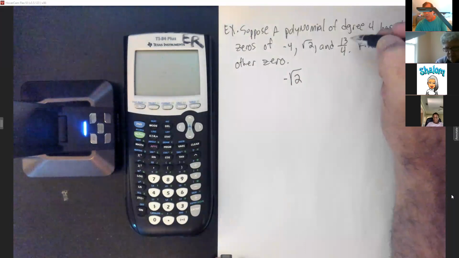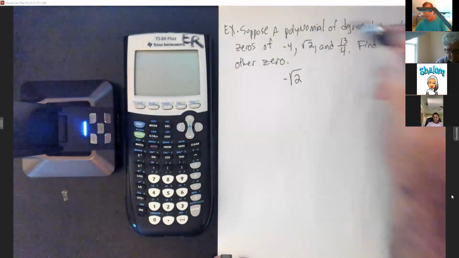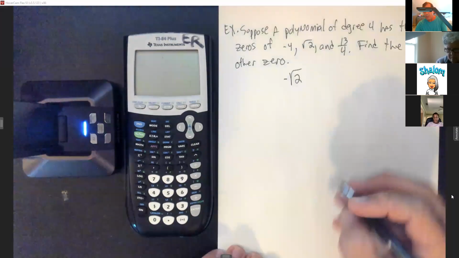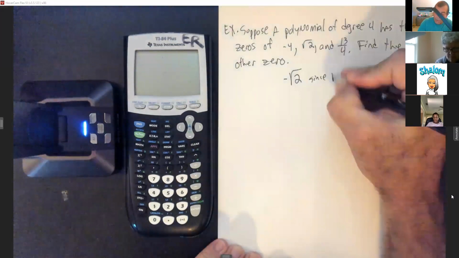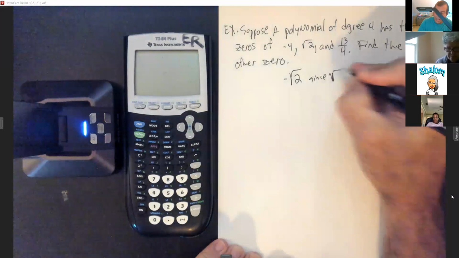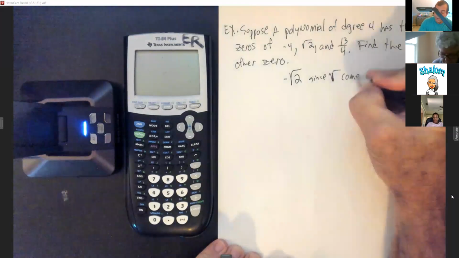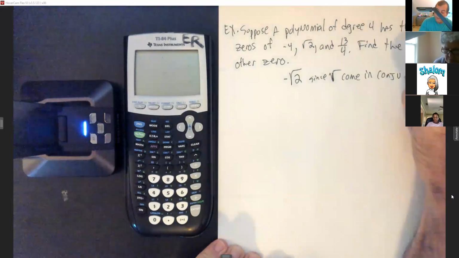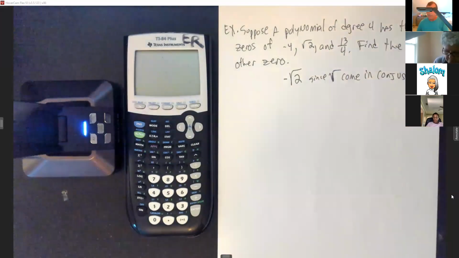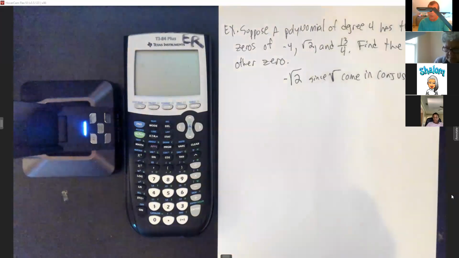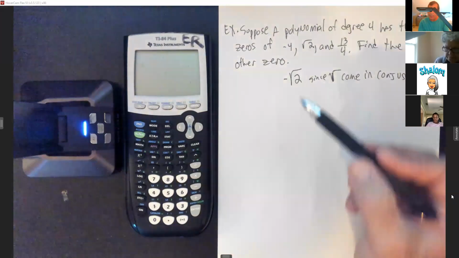So the only one we can guarantee has a conjugate is the square root of 2, okay? And we're going to put negative square root of 2 since radicals come in conjugates. So we automatically knew to change the sign of that one, and we're done.